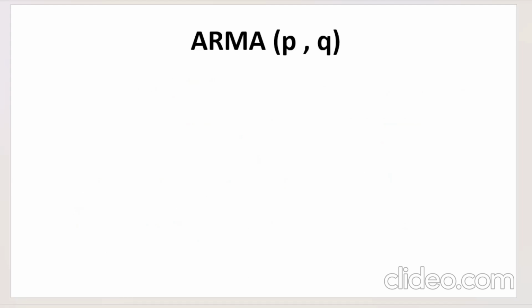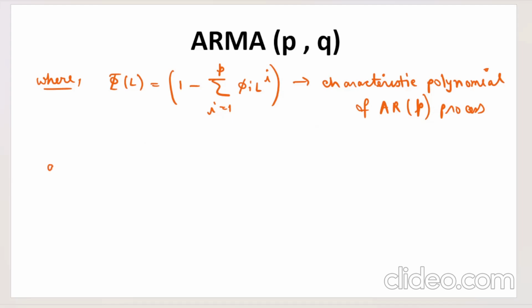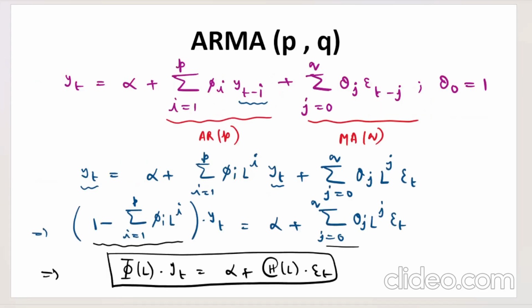Now, where this capital phi L, which is 1 minus summation i from 1 to p phi i L to the power i, is called the characteristic polynomial of the AR(p) process, and capital theta L is simply summation j from 0 to q theta j L to the power j, which is simply this term, right?